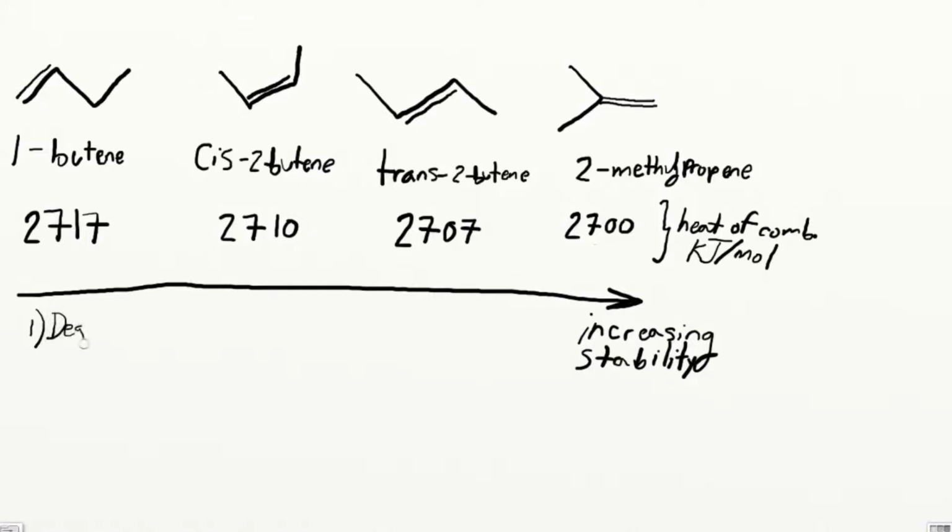The degree of substitution. Now, what the degree of substitution is talking about has to do primarily with the double bond. So as you can see, the double bond in the 1-butene is all the way at the beginning of the molecule. And when we talk about degree of substitution, we're talking about what branches or what carbons are coming off of that double bond.